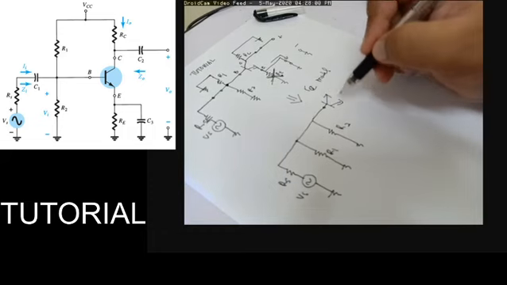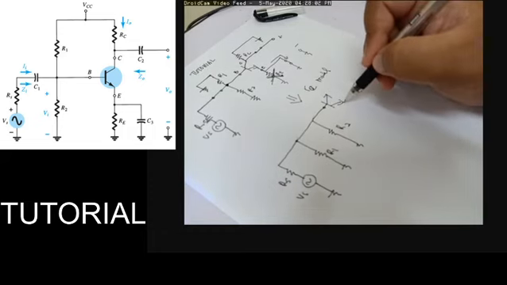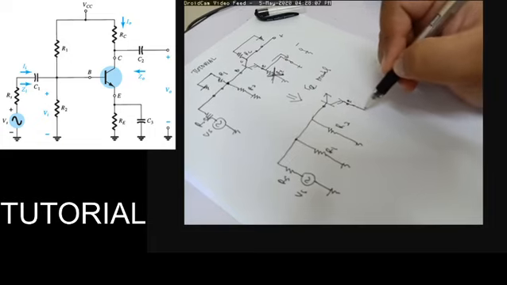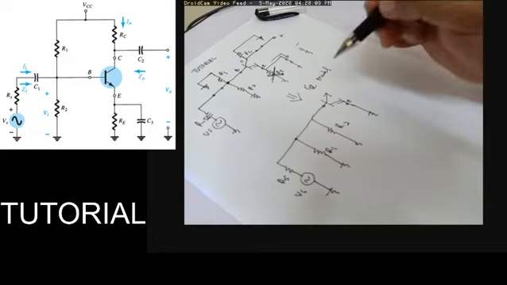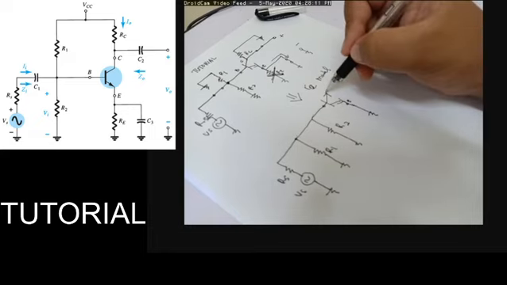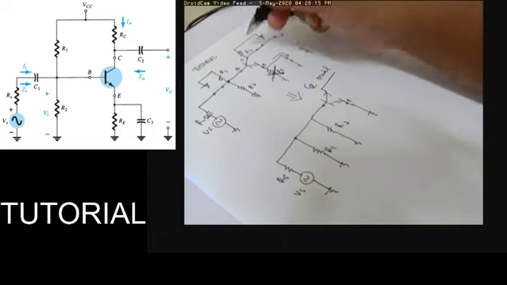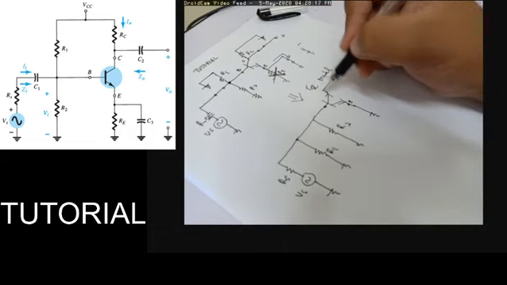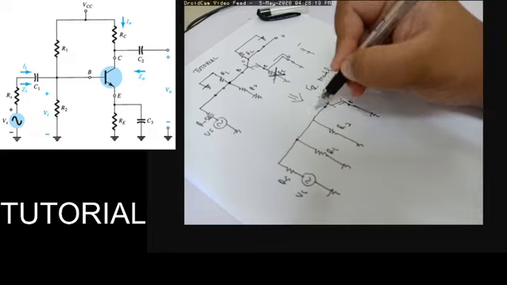Okay, so now our emitter is directly connected to the ground. And then our RC, as you can see here, this is our collector.